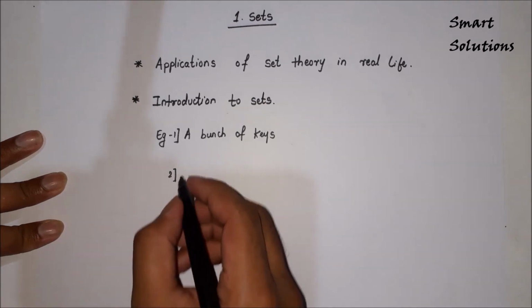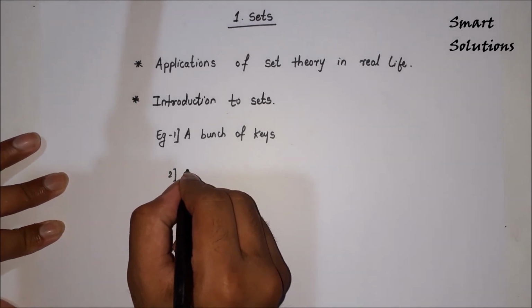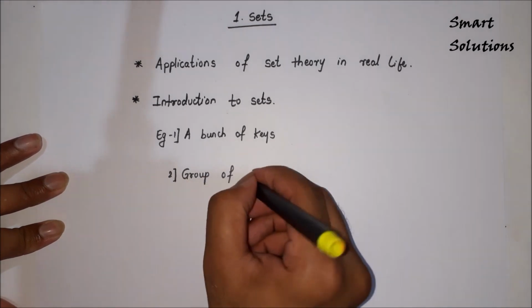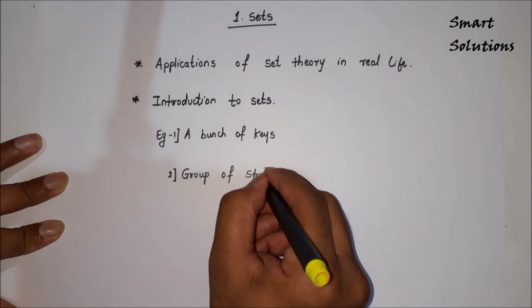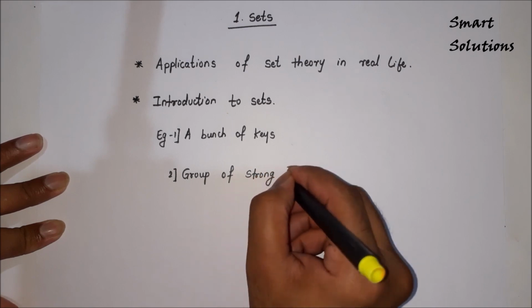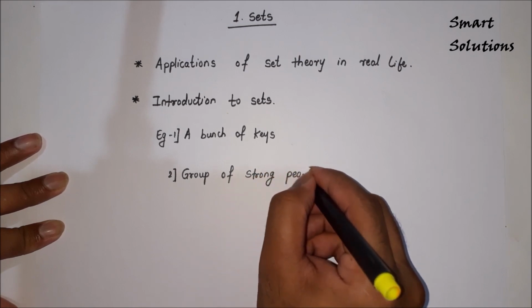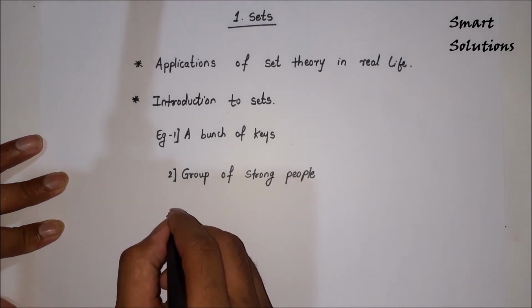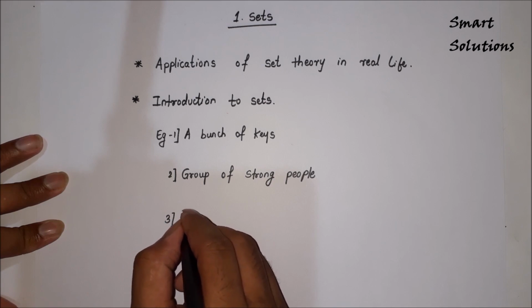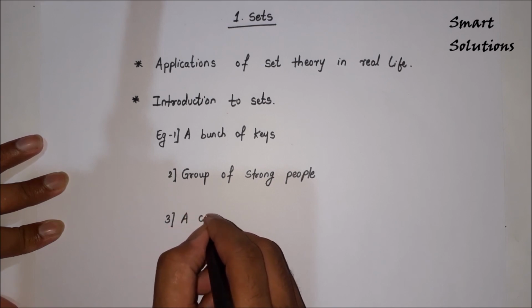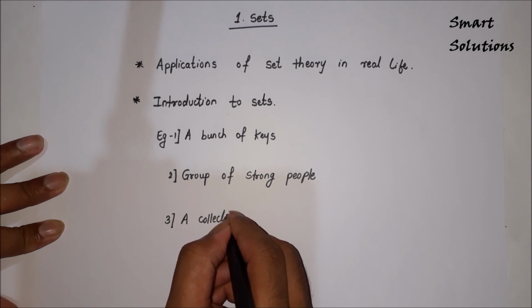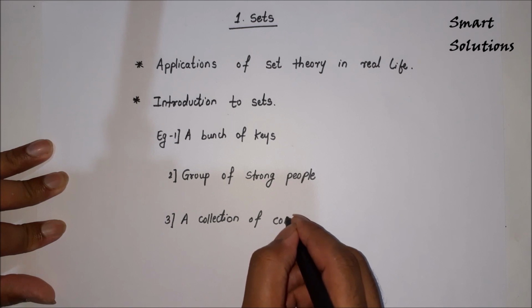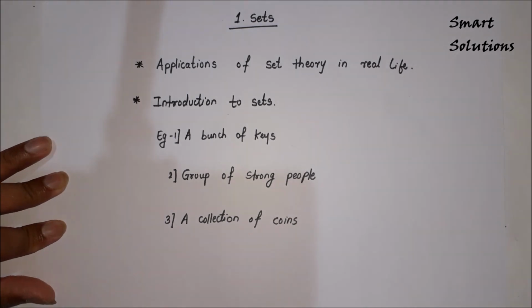The second example, say we have a group of strong people, and the third example is, say, a collection of coins.